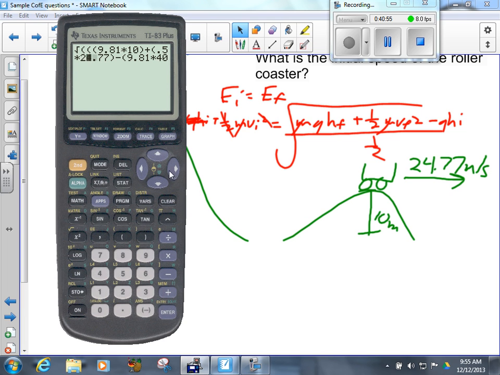Now I've got too many brackets in there somewhere. Yep, too few brackets. There we go. 5, finally. Okay, 5 meters per second initially.